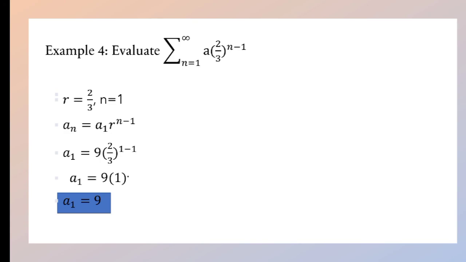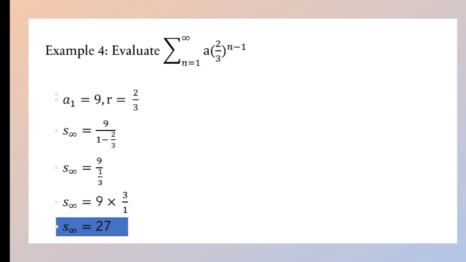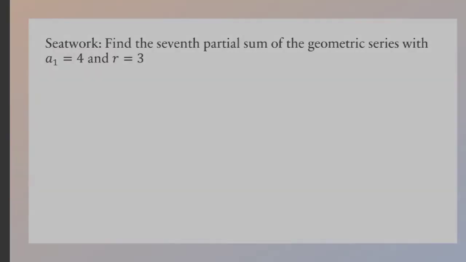Our first term is positive 9. Next, once we found the first term, we now may use the formula for the infinite geometric series. First, we always need to list down the given values so we will not be confused. After that, we just simplify and substitute again. So our final answer is 27.